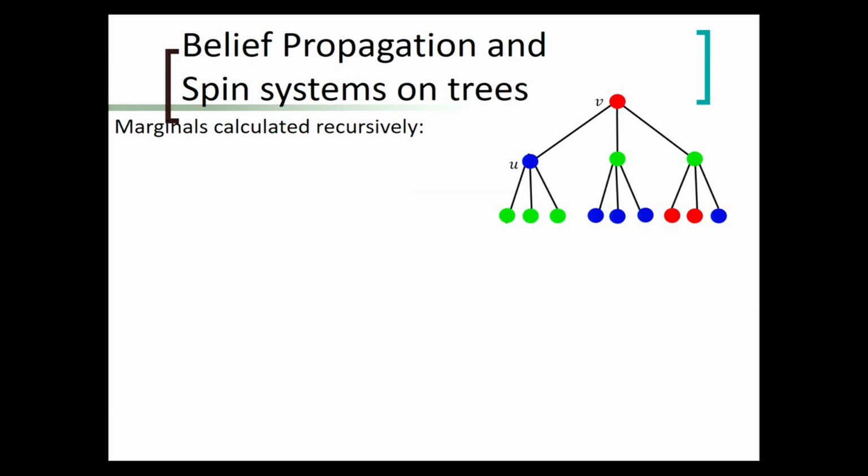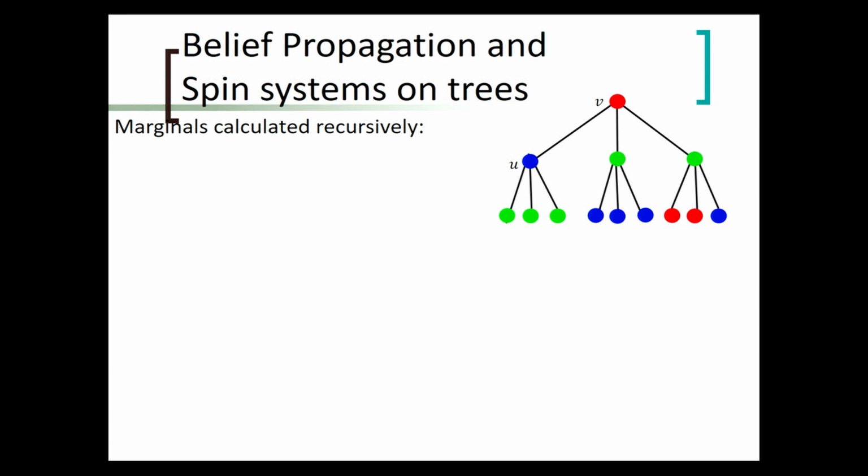Okay. So if we're looking at trees, it turns out you can calculate many quantities on trees in a very computationally efficient way using an algorithm called belief propagation, which is basically just dynamic programming.